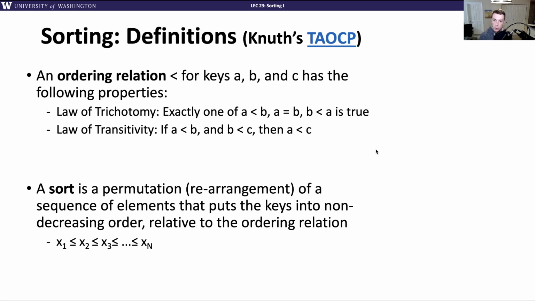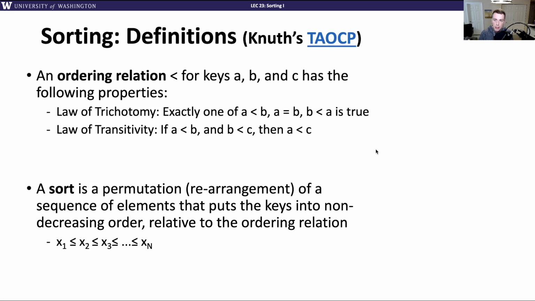He defines sorting in very broad terms, where sorting, in the intuitive sense, is just given a list of items, sort them. But you have to be a little bit more precise and define what it means to sort something. And so Knuth has this framework to think about, is the sorting task really relies on what we call an ordering relation, which is essentially being able to compare two values in the list.